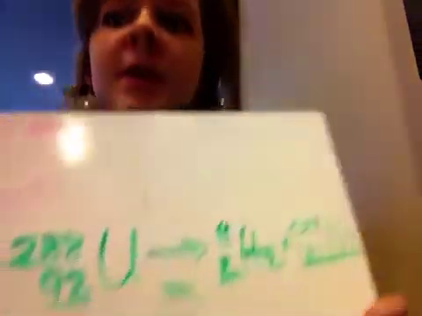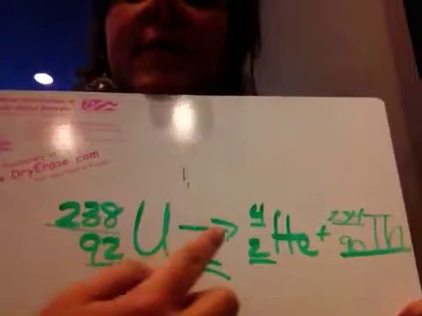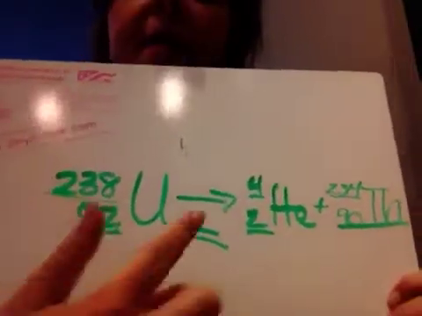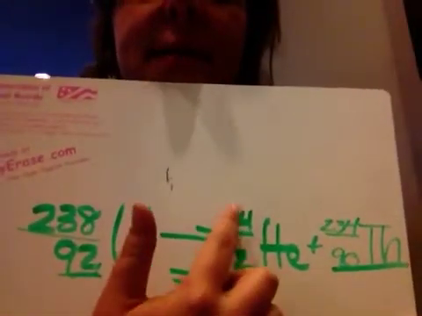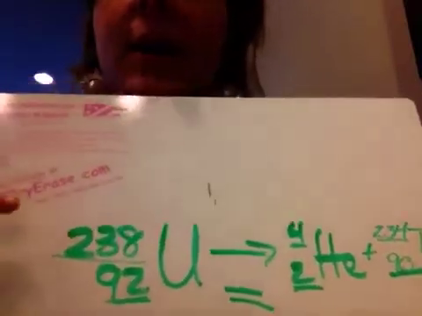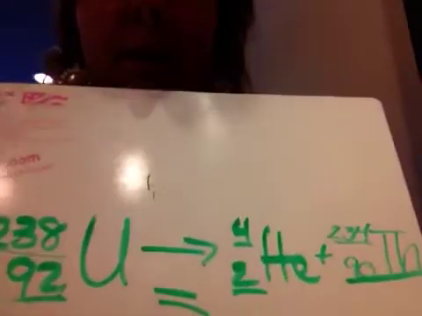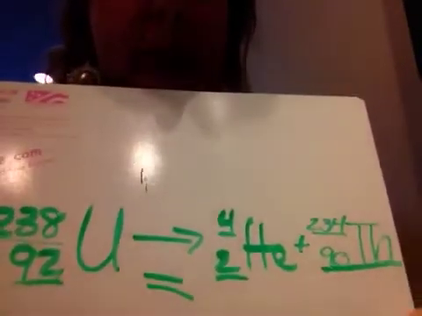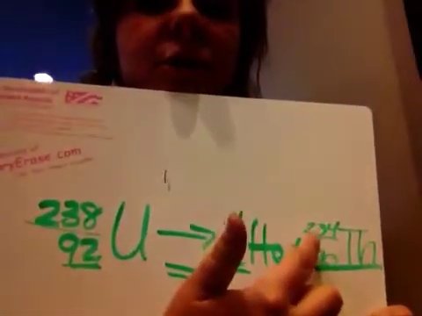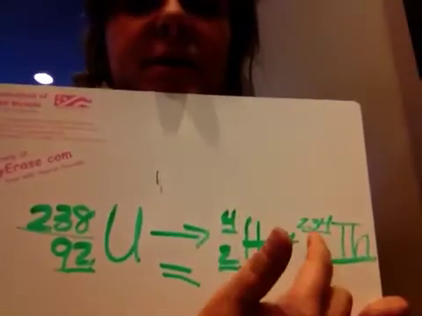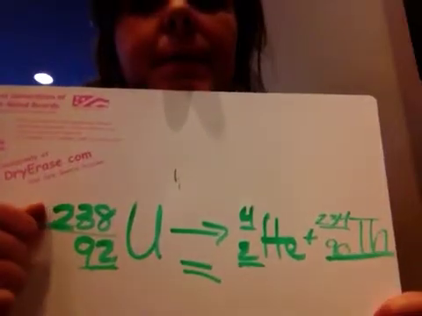So we always want our nuclear reactions to be balanced. We always want everything to be balanced. So in this reaction, if helium has a mass of 4, and I originally started with 238, then I need to account for that leftover mass. So that leftover mass was 234, because 4 plus 234 equals 238.